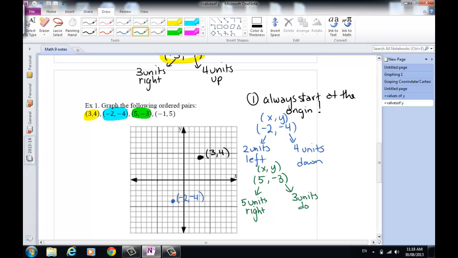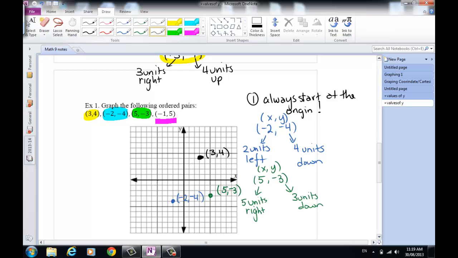So we're going down. Alright, so I'm going to start at my origin, always start at my origin. I'm going 1, 2, 3, 4, 5, and then I have to go 3 units down. 1, 2, 3 units down. Once I've done both pieces, I put in my point, I erase all this, and I get 5, -3, and I'm done.